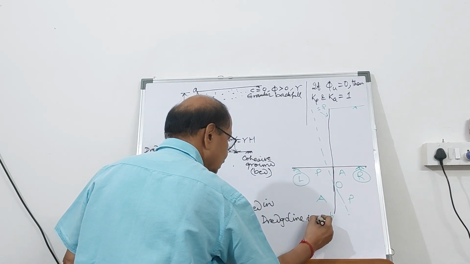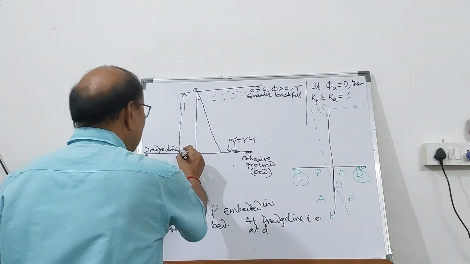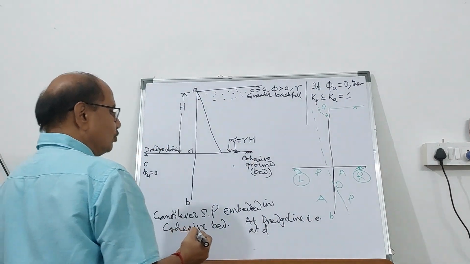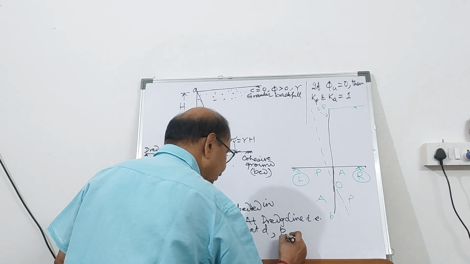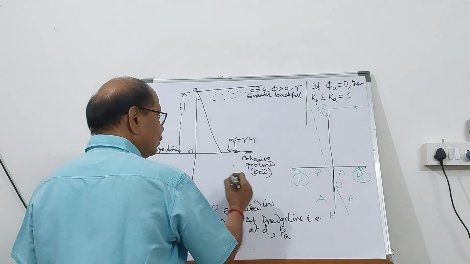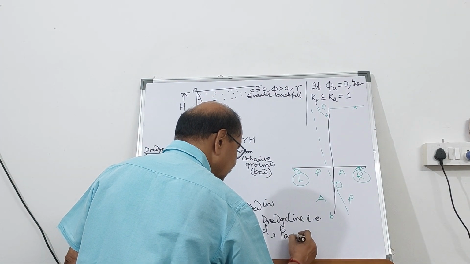That is at D, I can find out the value of active earth pressure, which is going to develop on the right hand side.